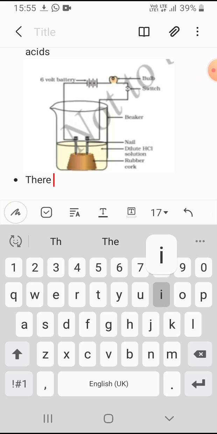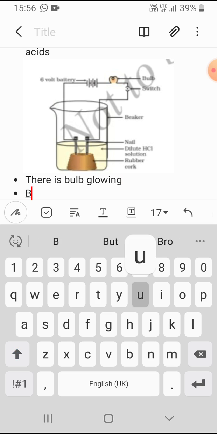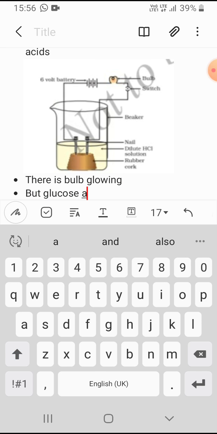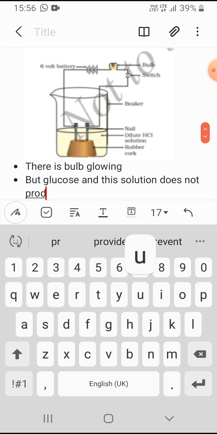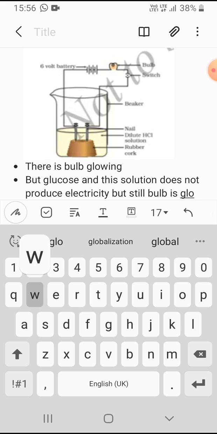So the bulb is glowing with the glucose and the HCl solution. The glucose solution does not produce electricity, but the bulb is still glowing with the HCl solution.